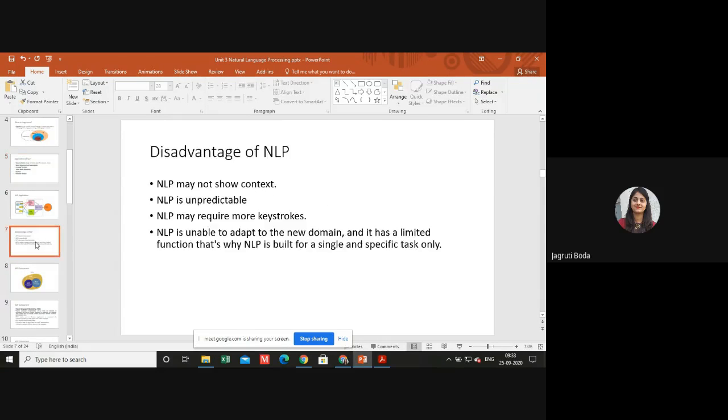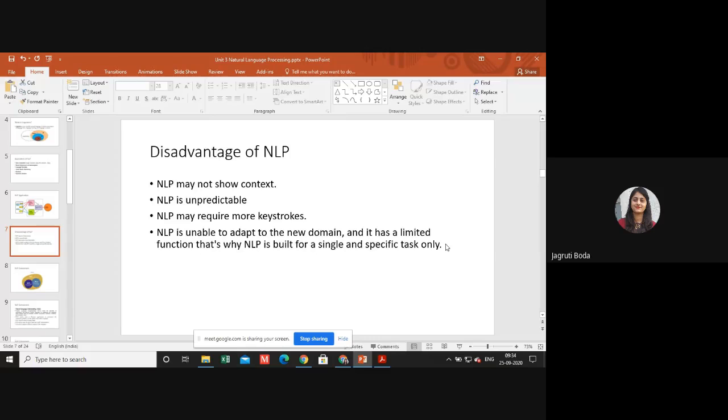Now we come to the topic: what are the disadvantages of NLP? NLP may not show the context, and NLP is unpredictable. NLP may require more keystrokes: you write a question, it checks the database for whether the answer is available, and then writes a result based on that. NLP is also unable to adapt to a new domain and has limited functions. That's why NLP is built for a single, specific task only.